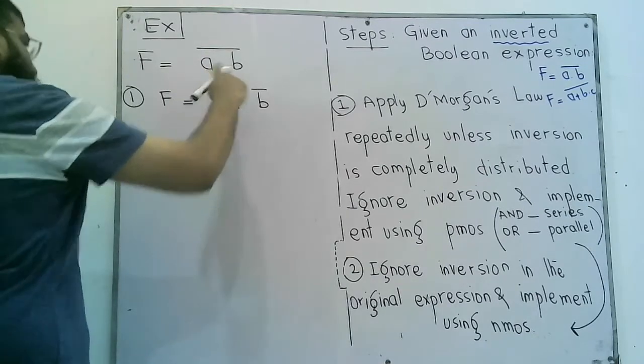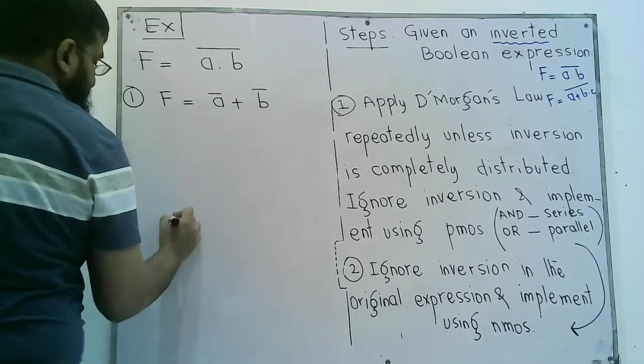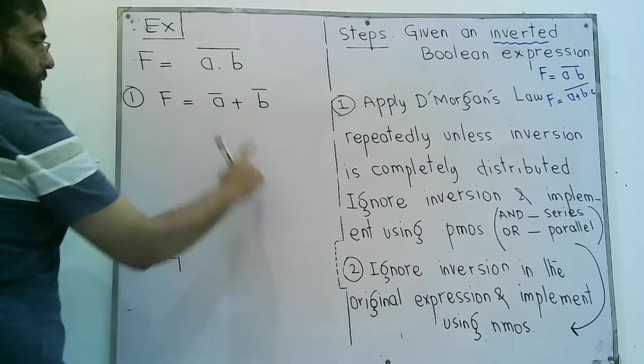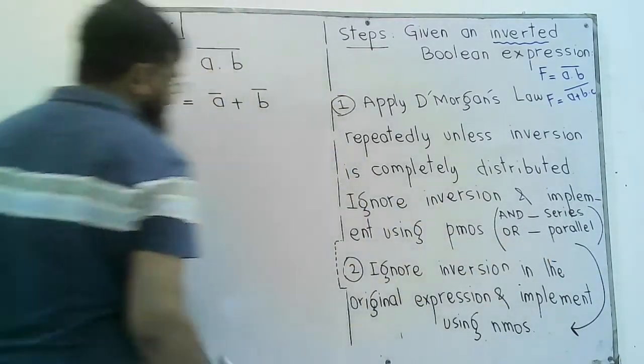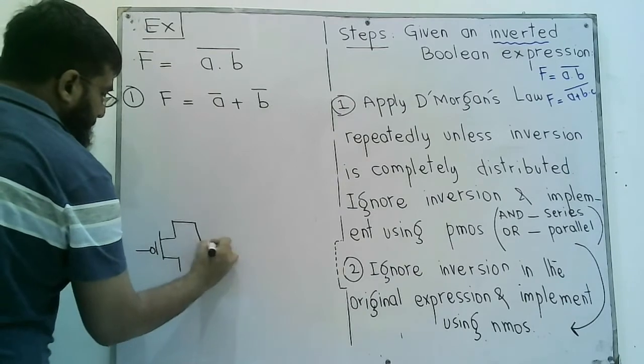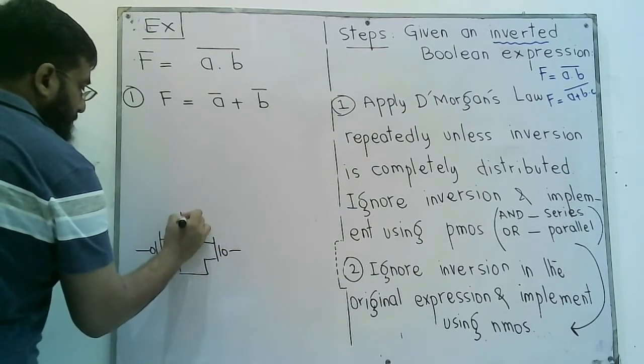The dual of AND is OR, and we'll implement using PMOS. Since there is an OR operation, it will result in two parallel connected transistors, and both of them will be PMOS.